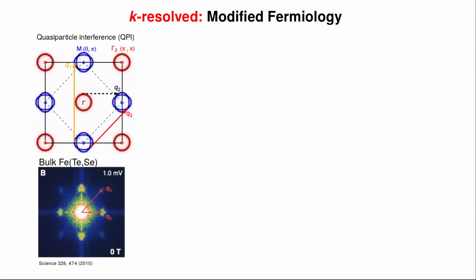Of course, in bulk, this was established 15, 16 years ago now. Essentially, this is the band structure of iron selenium telluride. And if you do the QPI, you get the main scattering vectors, which in this particular case are the scattering from the gamma to M pocket and from M to M or gamma to gamma pocket, which produce these vectors Q3 and Q2.